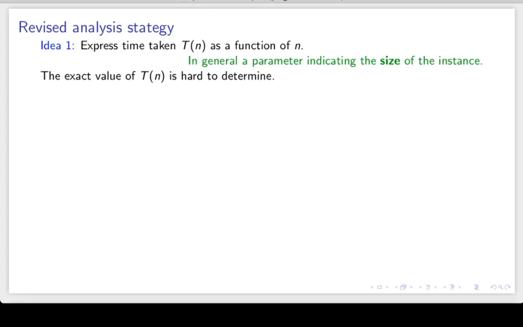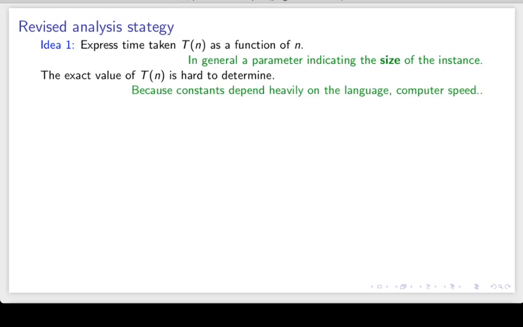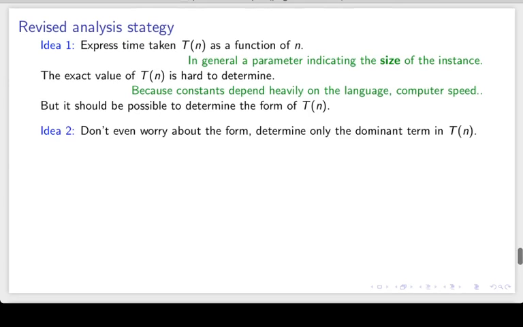Now you will note that the exact expression for T of n is hard to determine, because it depends heavily on the constants, which depend heavily on the language, computer speed, etc. But it should be possible for you to determine the form of T of n. That was the first idea. The second idea was that we don't really even need to worry about the form. We only need the dominant term in T of n.